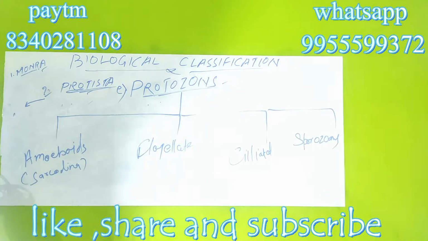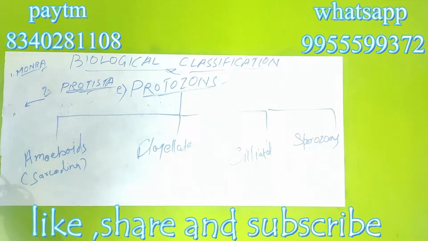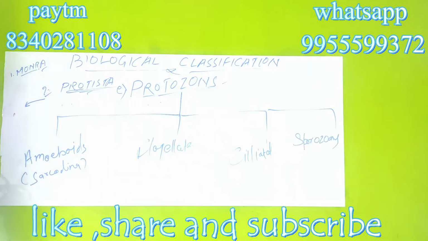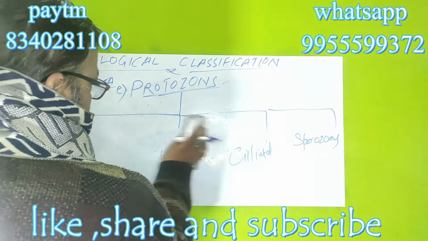So the protozoans are classified under 4 groups: amoeboids, flagellated, ciliated and sporozoans. We will discuss all 4 separately. First, about amoeboids, Sarcodina.